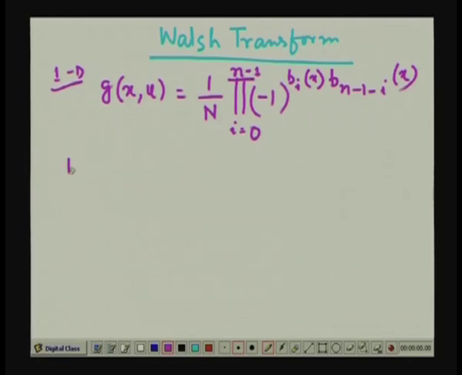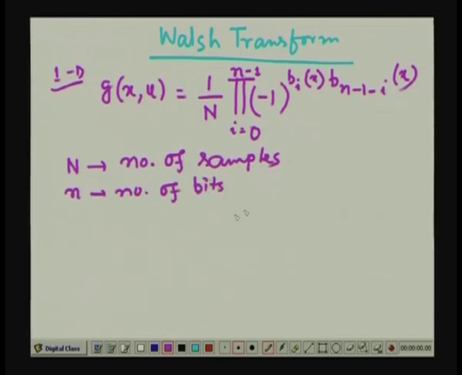So, in this particular case the capital N gives you the number of samples and the lowercase n is the number of bits needed to represent both x as well as u.